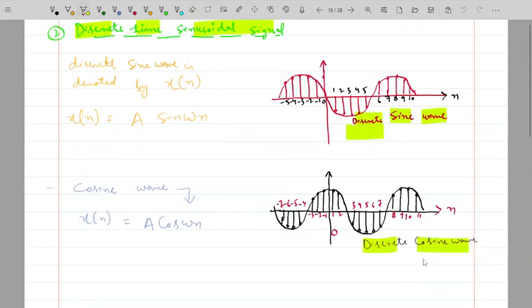This is the negative cycle and this is the positive cycle of the sine wave, with different negative and positive values.